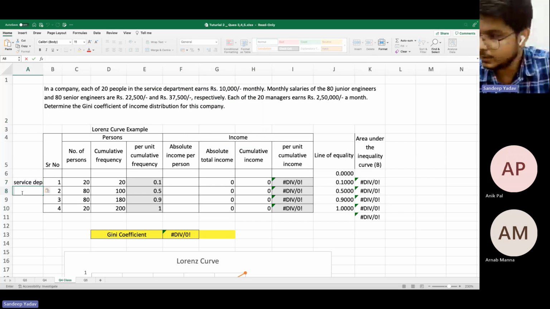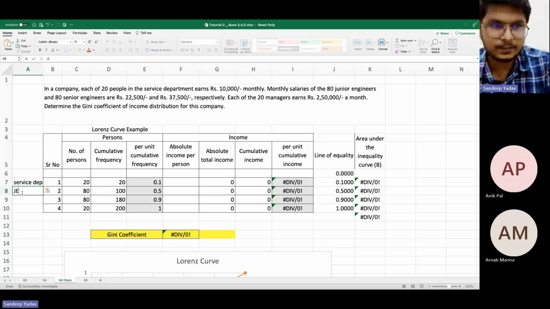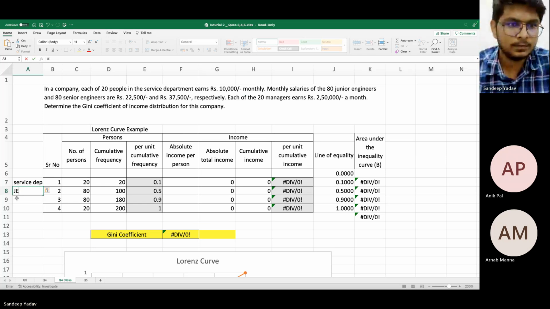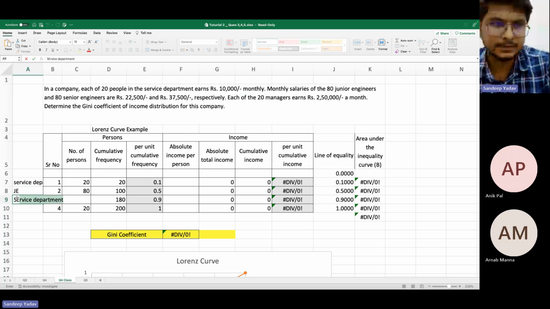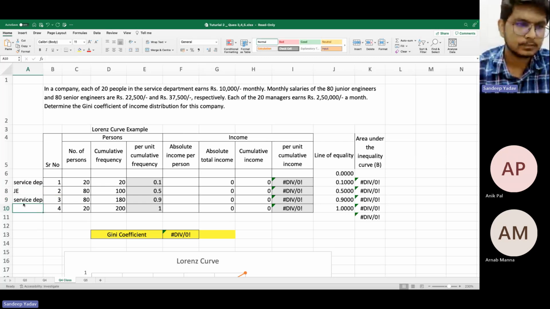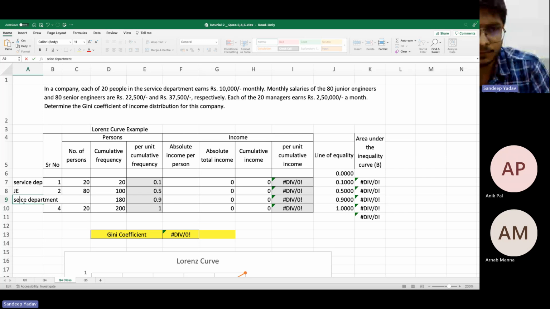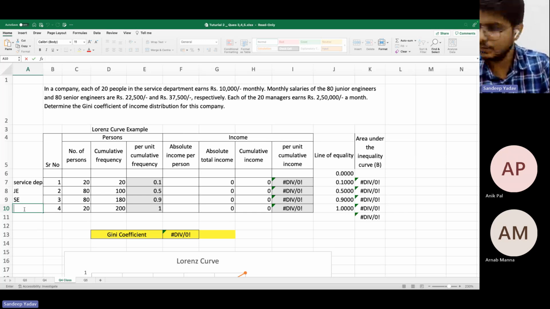Similarly, this will be the JE, this will be the SE, and this will be the managers.